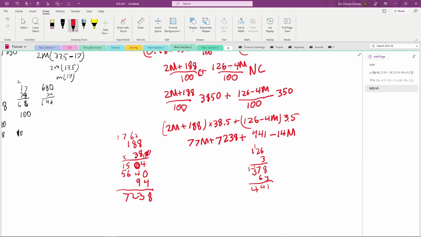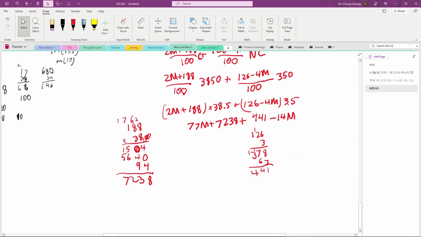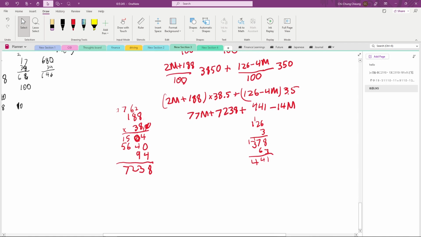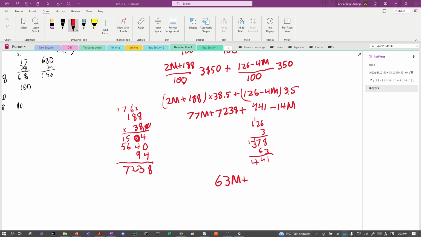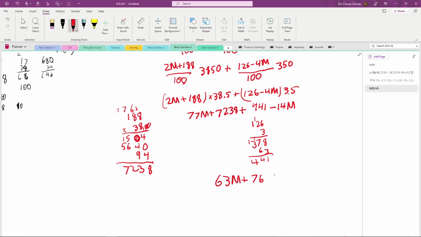Okay, and then lastly combine all this and you get 63m plus 7679.